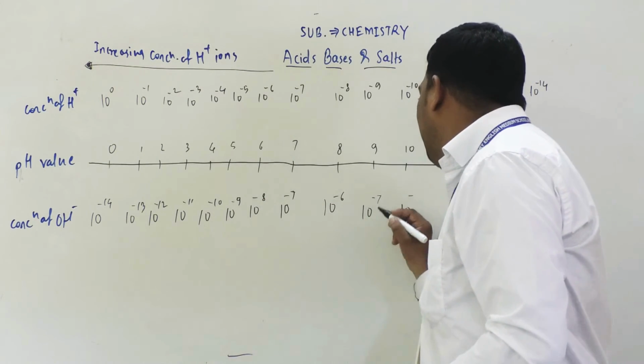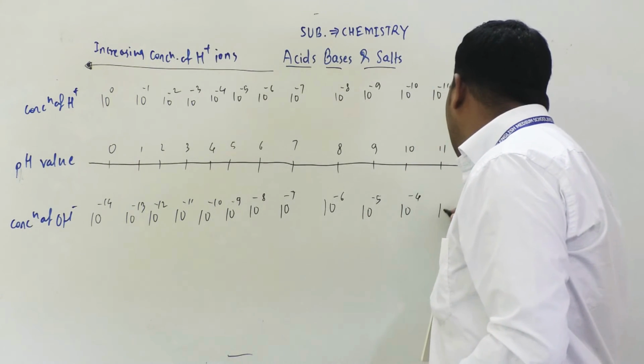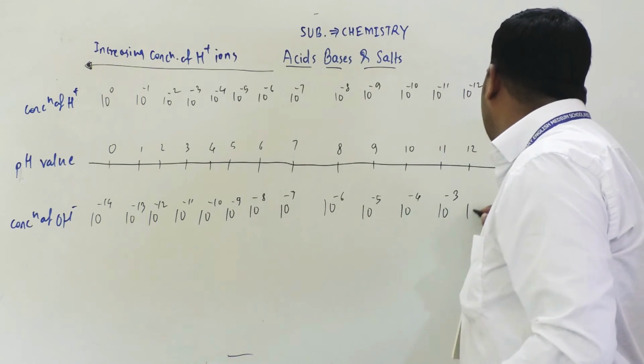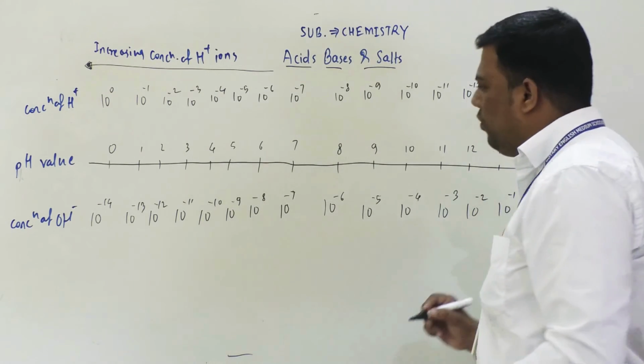So minus 5 here, then minus 4, minus 3, minus 2, 10 to the power minus 1, and here 10 to the power 0.